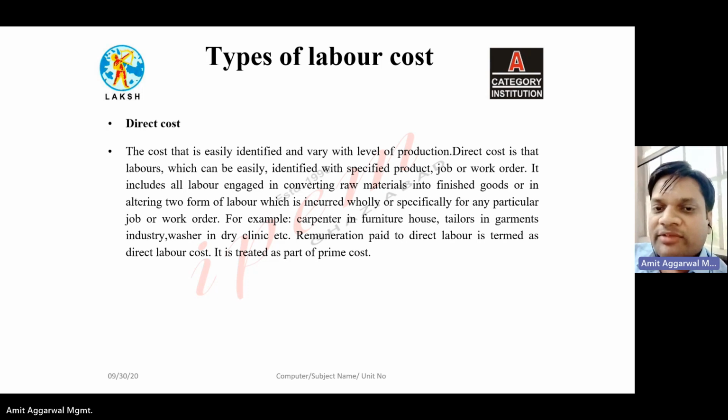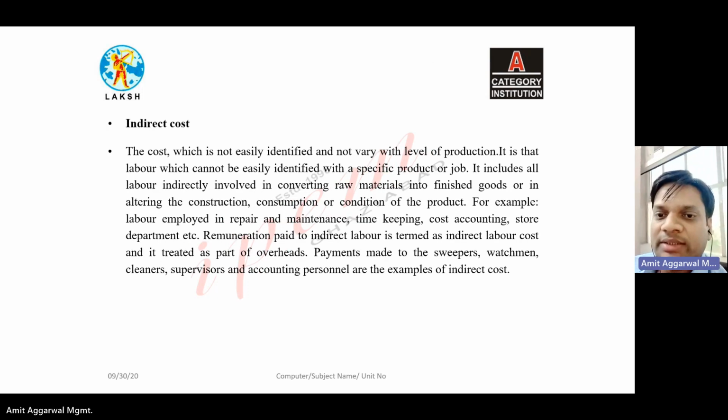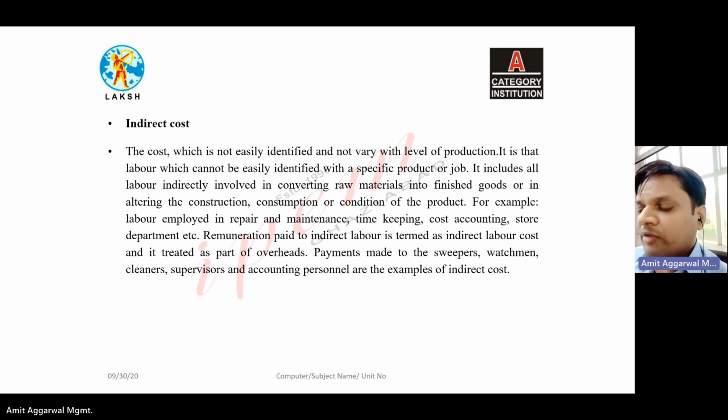So guys, we can take another example for indirect cost. Suppose you go to a doctor for a checkup. The treatment given by the doctor is a direct labor cost. But for this process, an attendant is also sitting outside the doctor's door giving appointments and all.